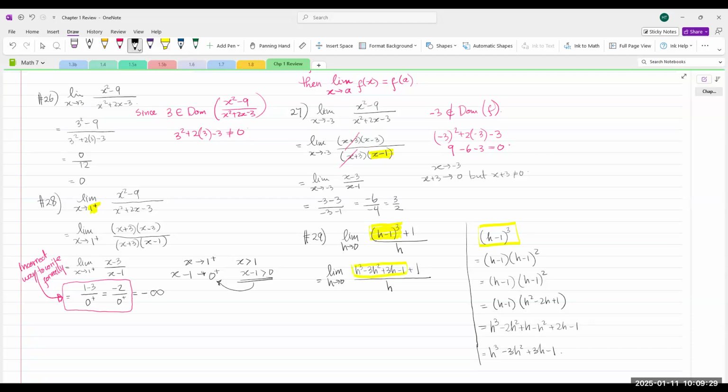And then from here, I simplify a little bit on the numerator. Notice that the -1 and +1 cancel, right? Such that we have (h cubed minus 3h squared plus 3h) over h.